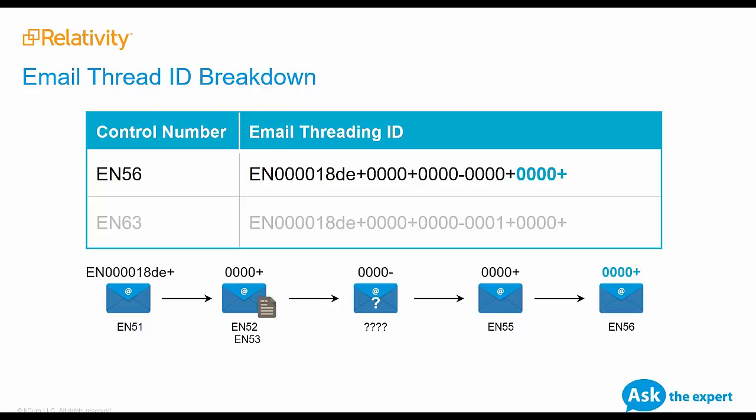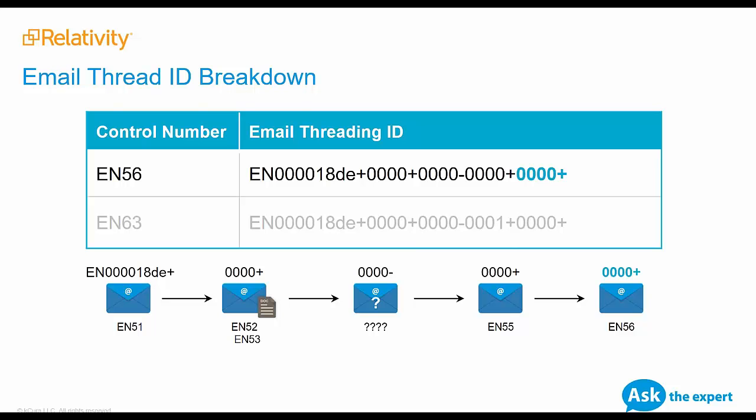This shows the prior emails that would be contained within EN56 at the end of this email conversation. You see that when there's a minus sign in there, that indicates a missing email. That's right in the middle. We've got a question mark in that middle segment. That actual document isn't in our collection, but the system has determined that it exists based on analysis of that last document, EN56.